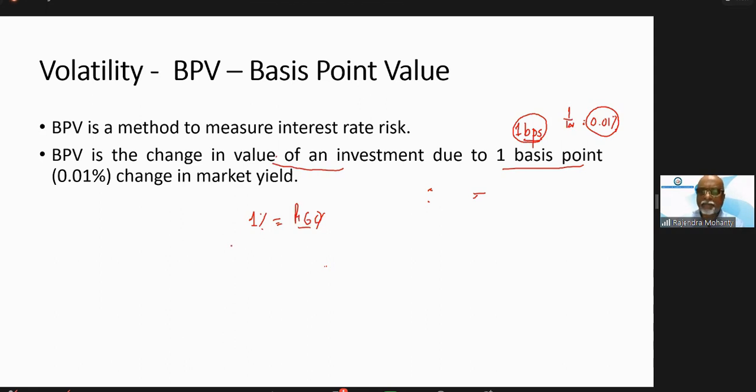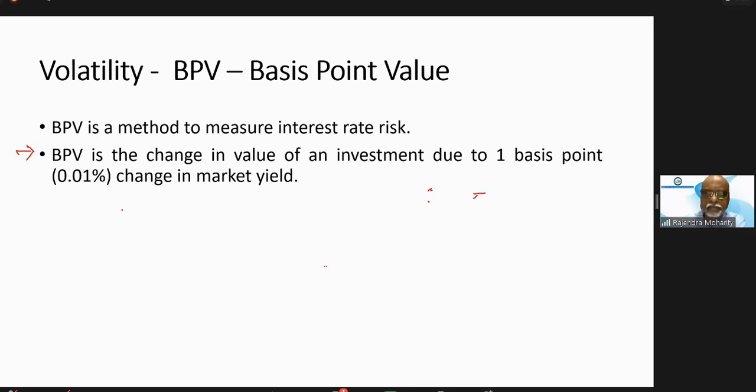That is called BPV. If for a 1% change the market value changes by 60 rupees, then for 0.01% we divide by 100: 60 divided by 100 is 0.6. So BPV is the change in market value of an investment due to 1 basis point change in the market rate or yield.